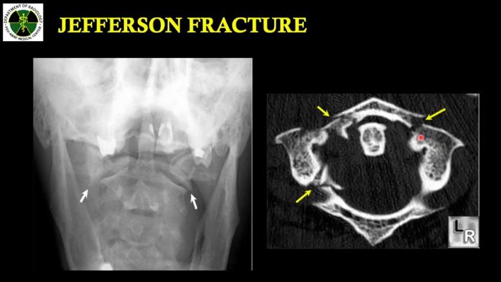Of course, CT scan better shows the fracture. In CT scan axial view, we can see the fractures that cause the bony ring to split.